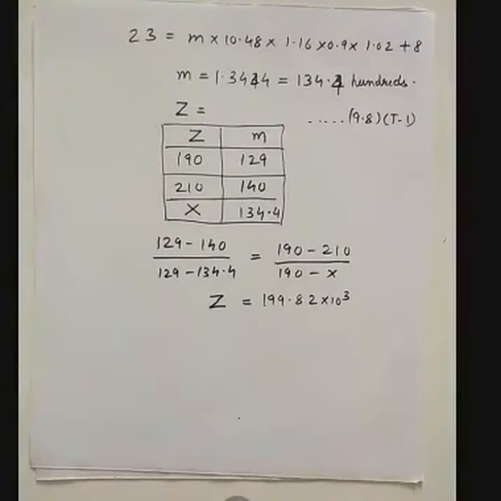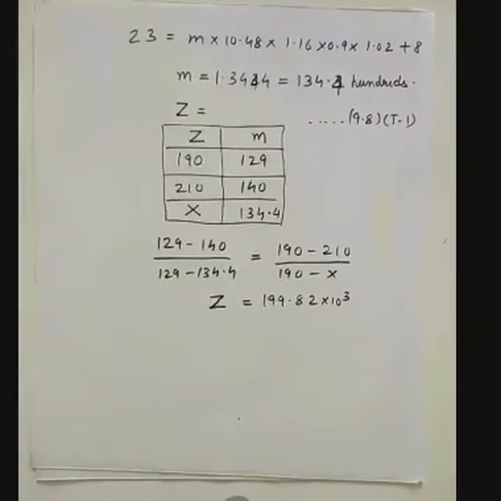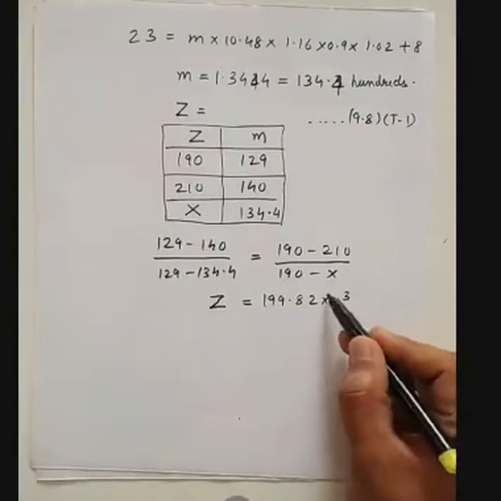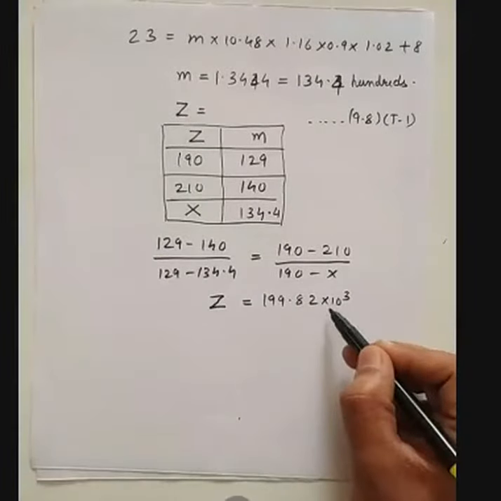So it will get eliminated. So we are getting 199.82, but the unit is thousands. Therefore, I have used this thousands.